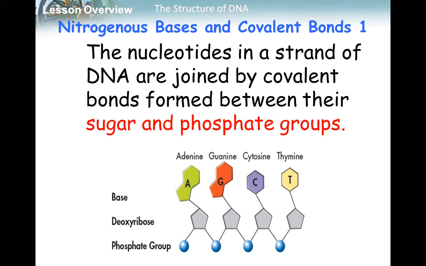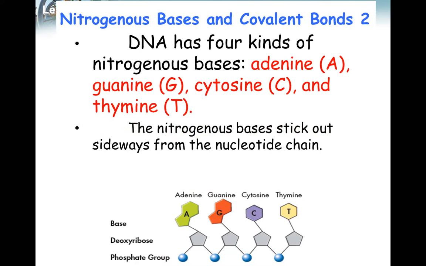Nucleotides in a strand of DNA are joined together by covalent bonds. So the covalent bonds are between the sugar and the phosphate group. Our bases, something that you'll need to memorize, and it'll be on the test, is what does the A stand for, the G, the C, and the T?